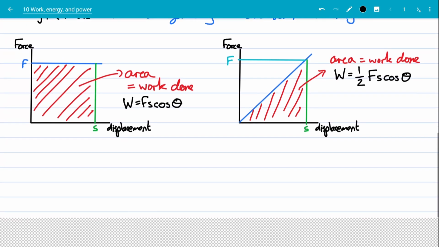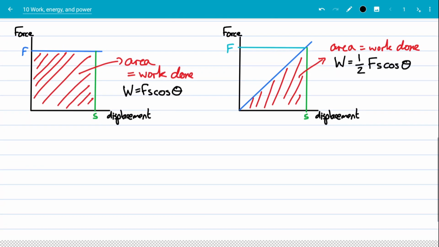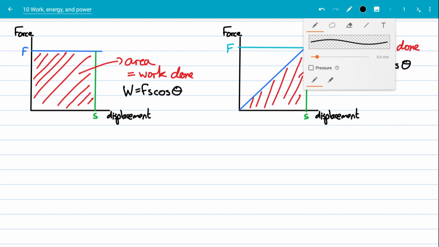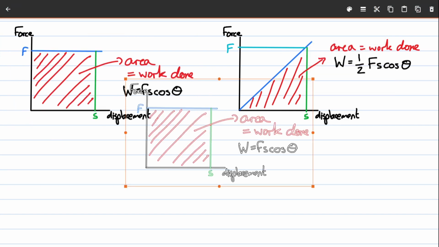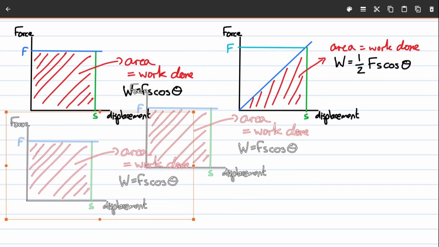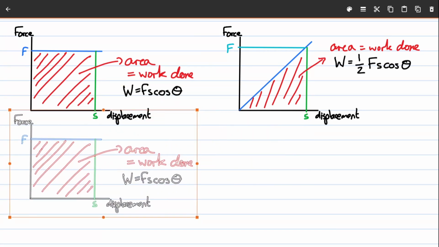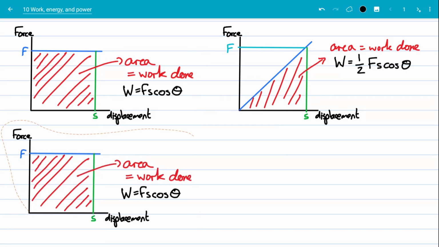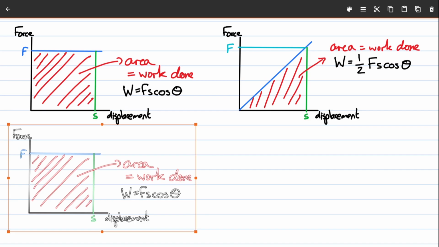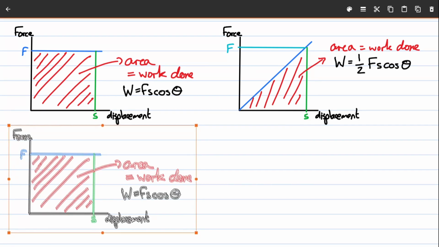Now that's interesting. But what if we have an even more exotic situation? What if instead of having a nice regular triangle like that, our graph is some sort of Gaussian distribution? Actually, no, you can solve a Gaussian distribution analytically. Let's take something that we've measured.